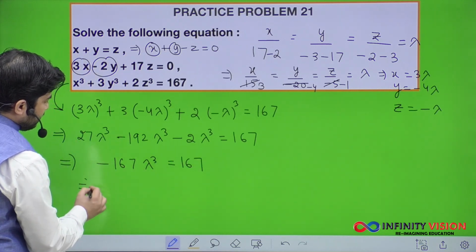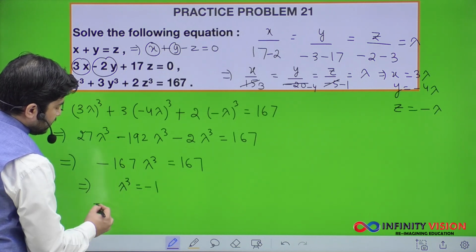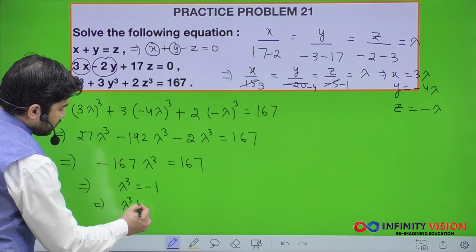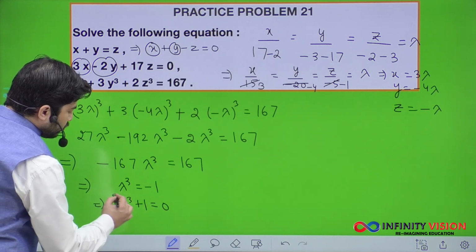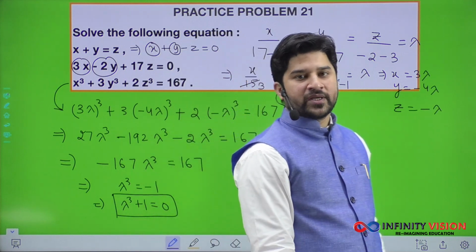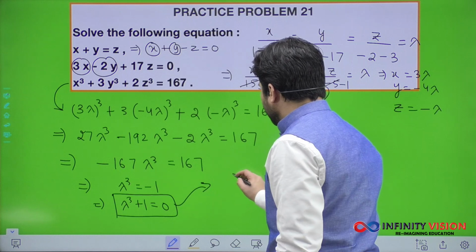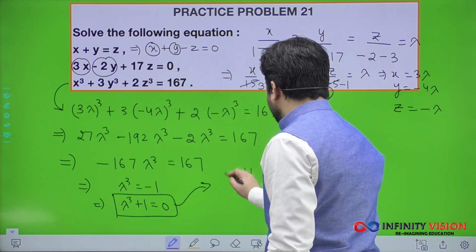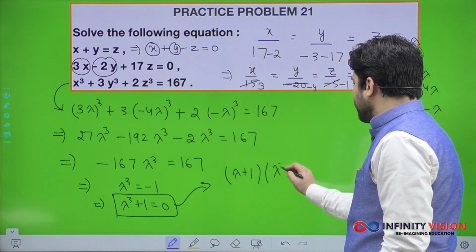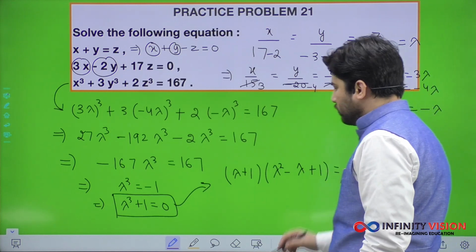So you can say lambda cube is equal to minus 1, or you can say lambda cube plus 1 equals 0. Now how to handle this? You know what is a cube plus b cube? That is a plus b into a square minus ab plus b square. So this can be written as lambda plus 1 into lambda square minus lambda plus 1 equals 0.